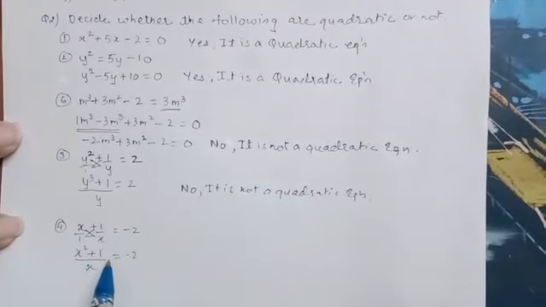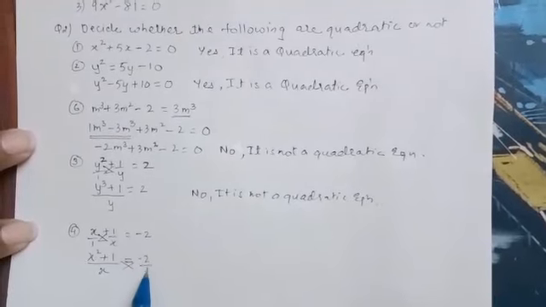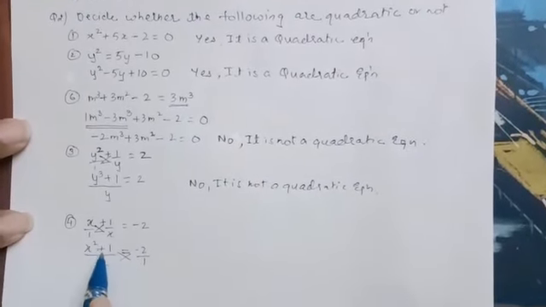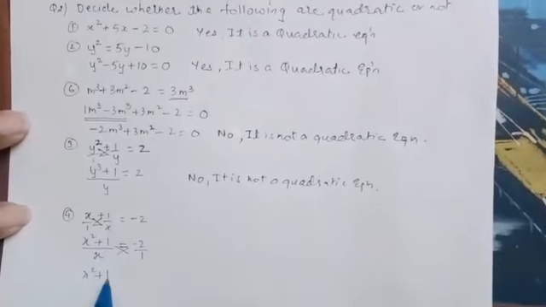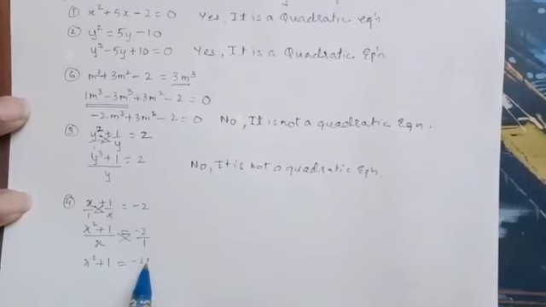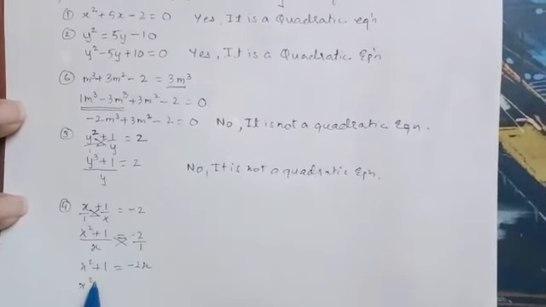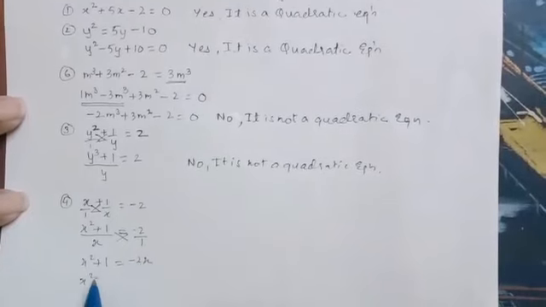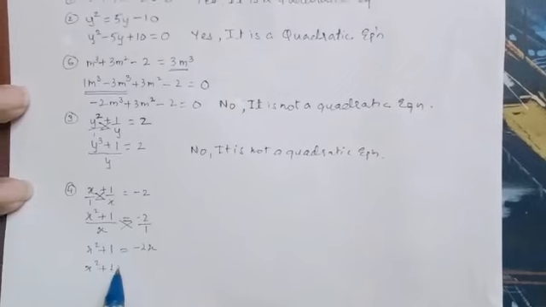Again, cross multiplying, considering this as 1, x square plus 1 equals minus 2 into x, that is minus 2x. If I take this minus 2x to the left hand side, it will become plus 2x.